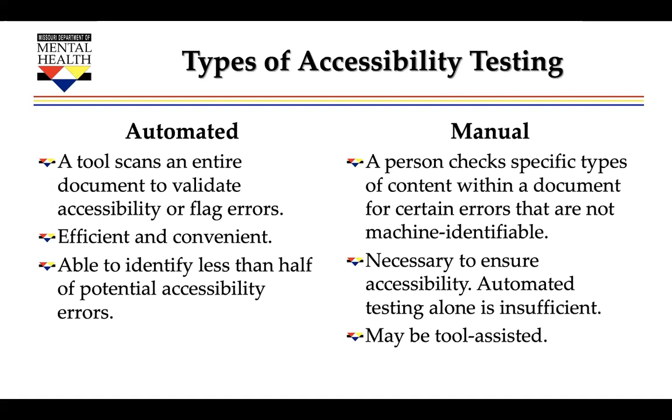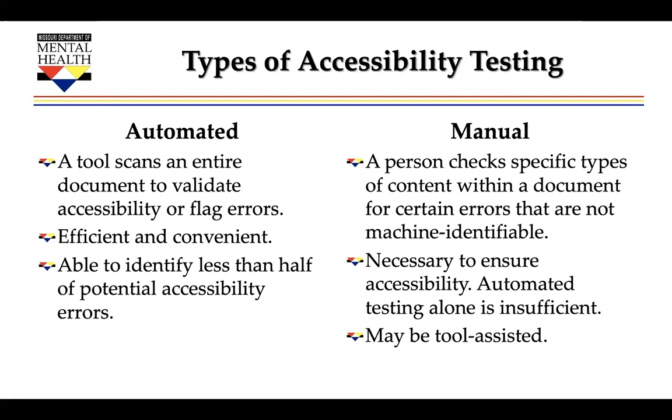Now, people love automated testing because it's efficient and convenient. But an important limitation is that automated testing is really able to identify less than half of the potential accessibility errors that could exist, which means that even if we're using all of the right automated testing tools and processes, we're still going to need to do manual testing in most cases to ensure that the final product of our document is accessible, that it meets accessibility standards.